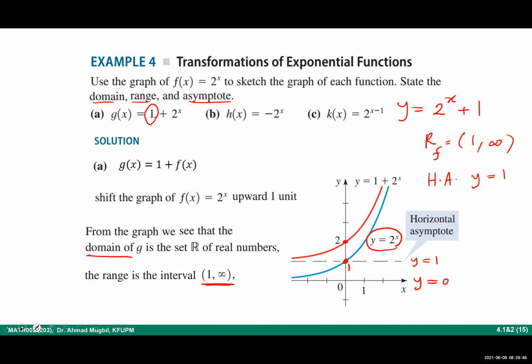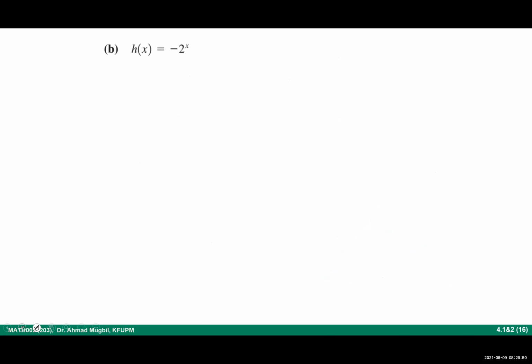Excellent. Let's now take the second function, negative 2 to the power x. This is the same as 2 to the power x, but will it be shifted or reflected? When we have y equals f of x, what will happen if we multiply the whole function by negative? Reflected around the y-axis?